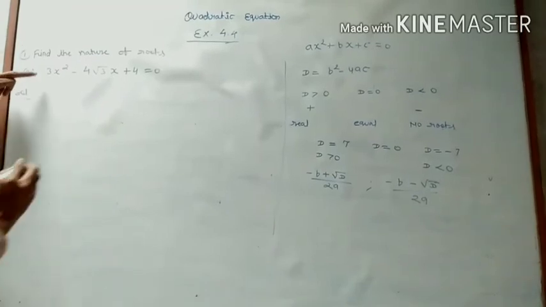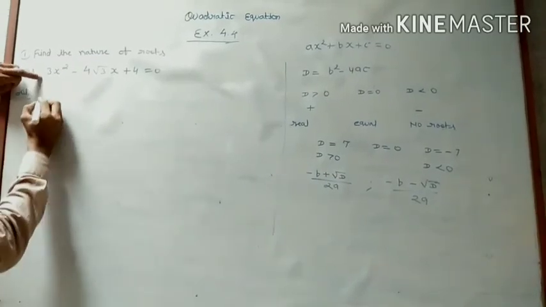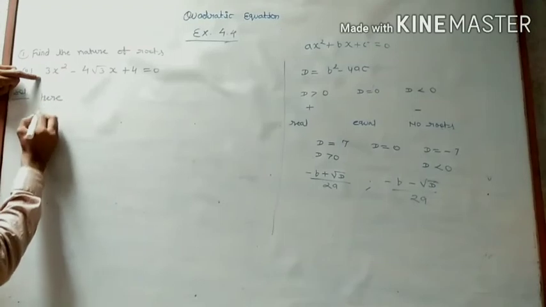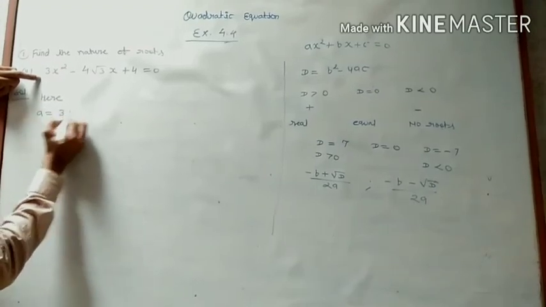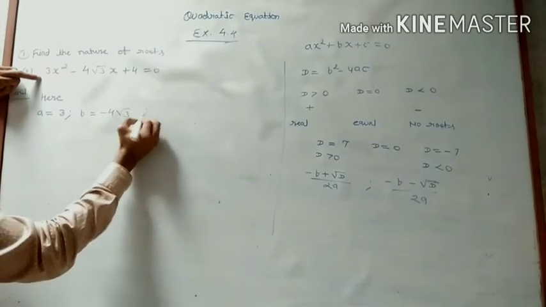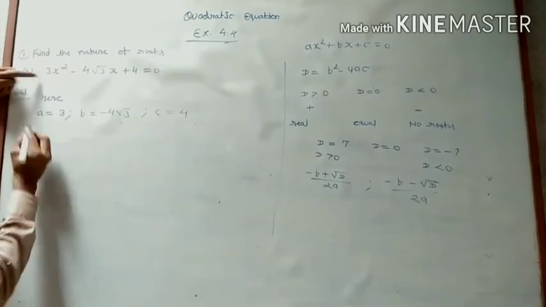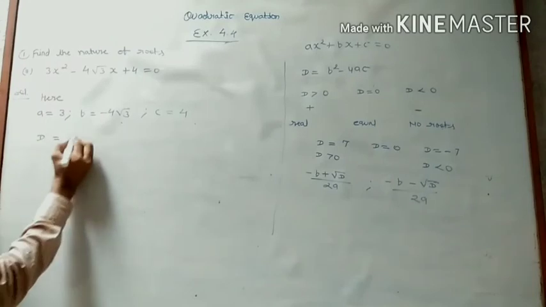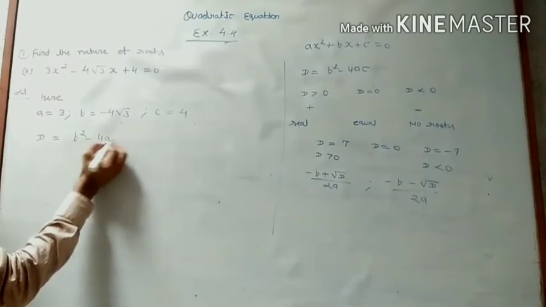First of all, compare the equation with the standard equation. So here a equal to 3, b equal to minus 4 root 3, and c equal to 4. So find the value of D equal to b square minus 4ac.